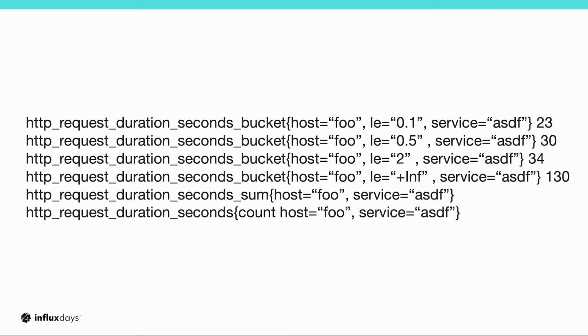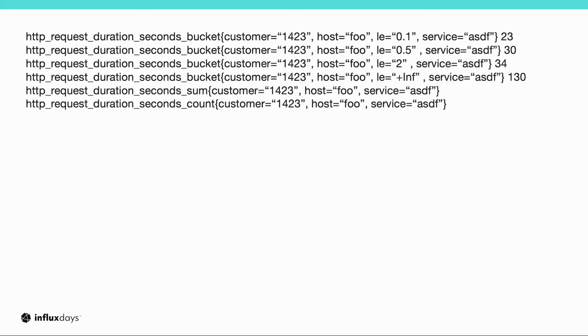Now say we also want to track the different service that's being implemented. So in this case, now we have service as a label, and now for each host that hosts multiple services, you potentially have many, many more time series, right? Again, 6 per host per service. What if we wanted to get a view of this service performance on a per customer basis, right?